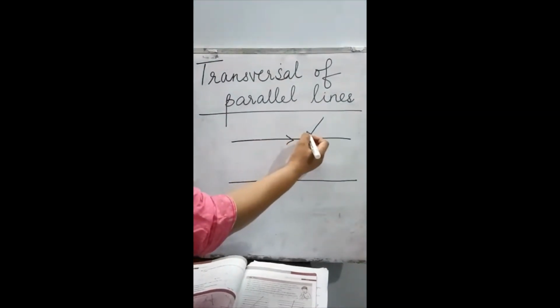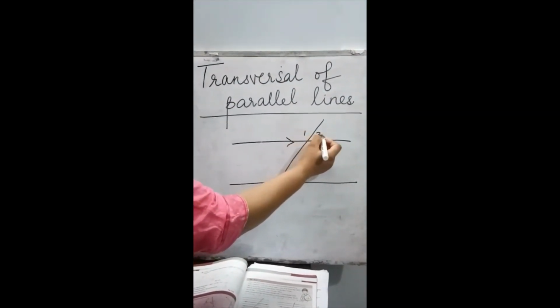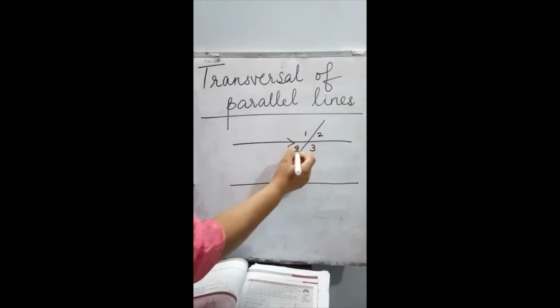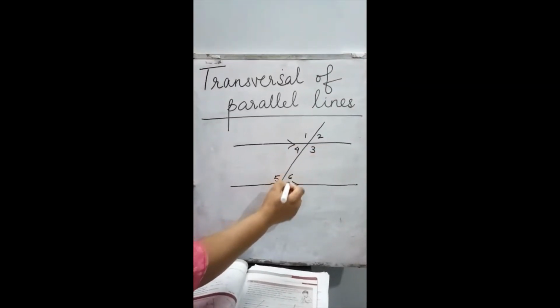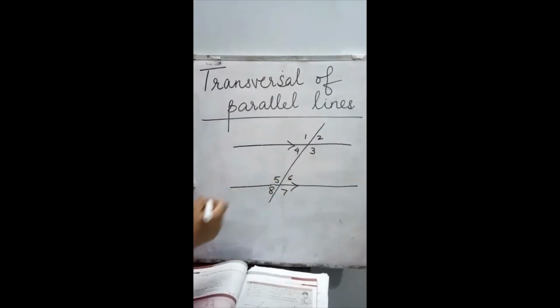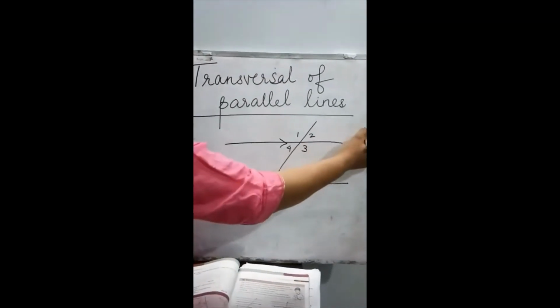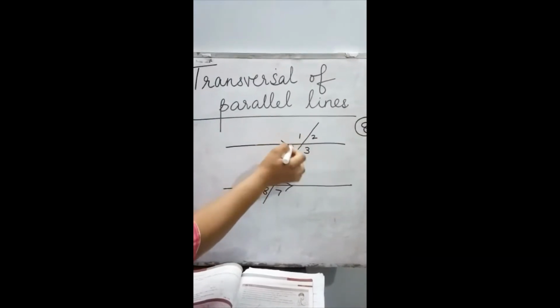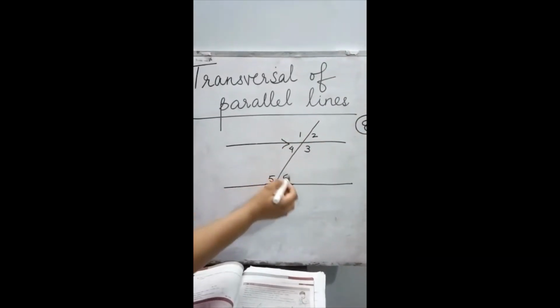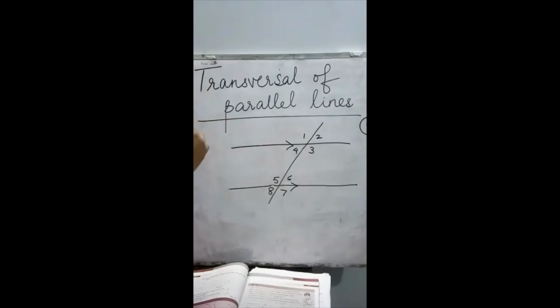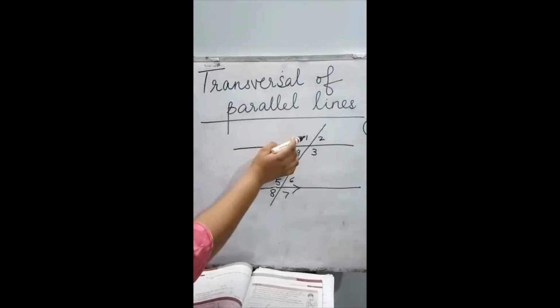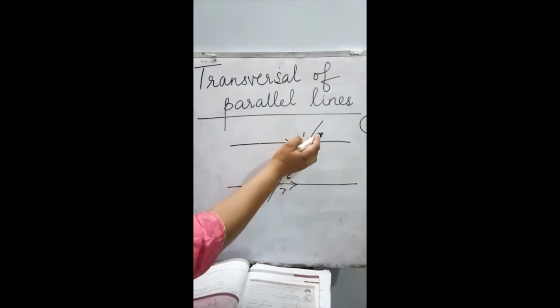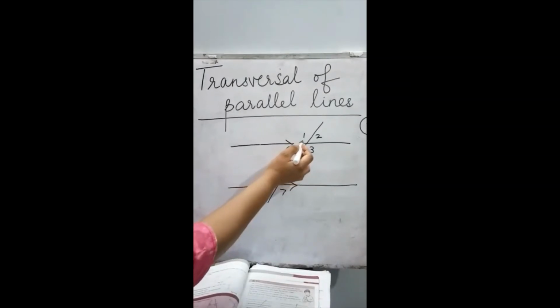Now I am going to mark the angles: 1, 2, 3, 4. So here totally we have how many angles? 8 angles. At this point there are 4 angles, and at this point again 4 angles. And as we had discussed earlier, 1 and 3 are vertically opposite, 2 and 4 vertically opposite, 1 and 5.